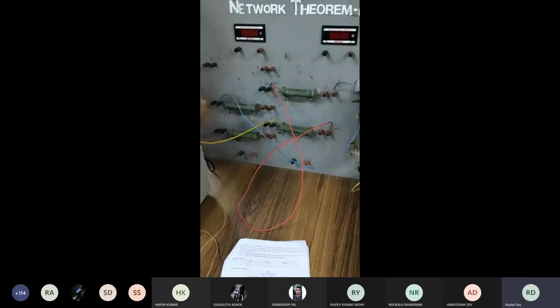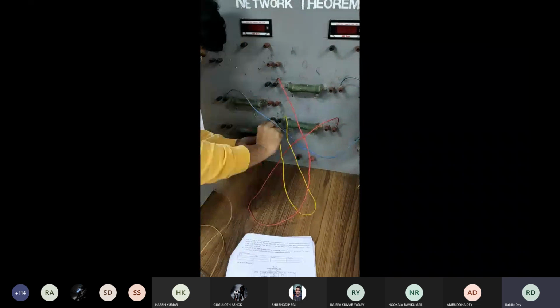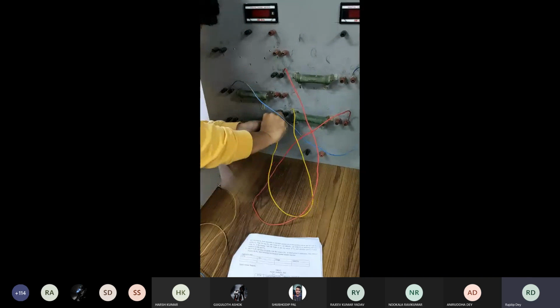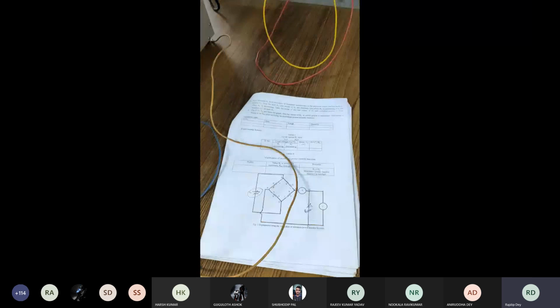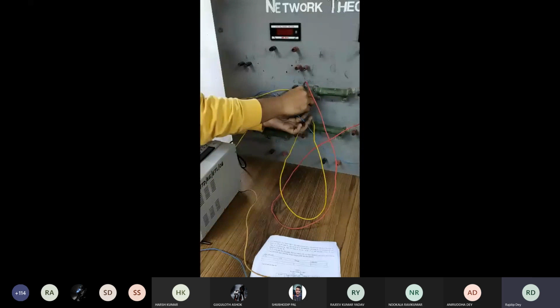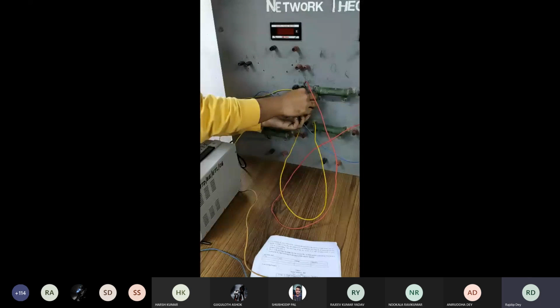P, Q, R, so it will be connected to R positive. That means the red one. Yes. Now the last one, that is R negative, will be connected to P positive. So you can see that this is our R negative. This will be connected to P positive. Now this circuit is completed.